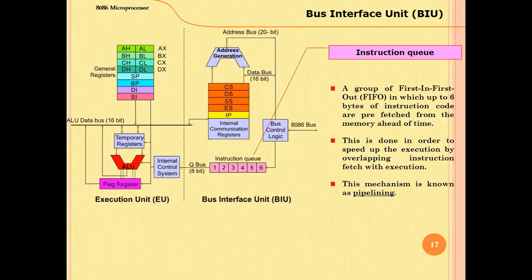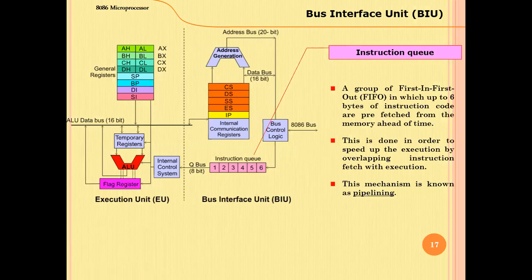For getting the data from the memory, you need to do a fetching operation, then an execution operation. All of that you need to do at the microprocessor, and for all these you require some clock. Instead, if you fetch 6 bytes at a time from the memory, then it is easy for the microprocessor to get the data, which is immediately available in the bus interface unit.